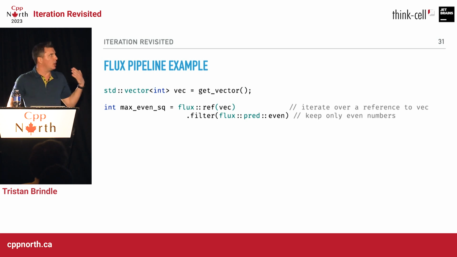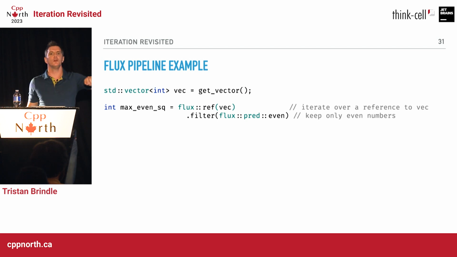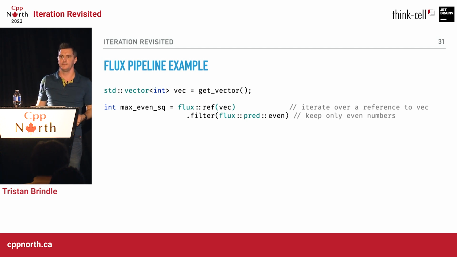And then I'm going to apply a filter adapter. So this is a filter adapter that we're passing one of the built-in predicates that says I want to retain the even numbers. And right away you notice there's quite a difference from C++20 ranges because the way we compose operations in Flux is using the dot syntax, the member function syntax, right? As opposed to C++20 where you'd use pipe, standard views, filter, and so on.